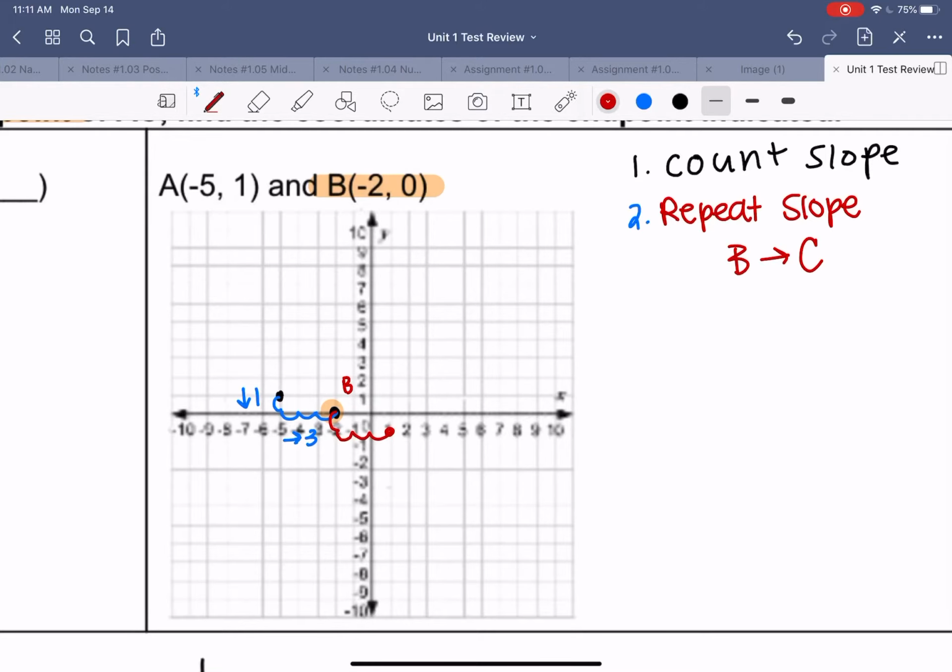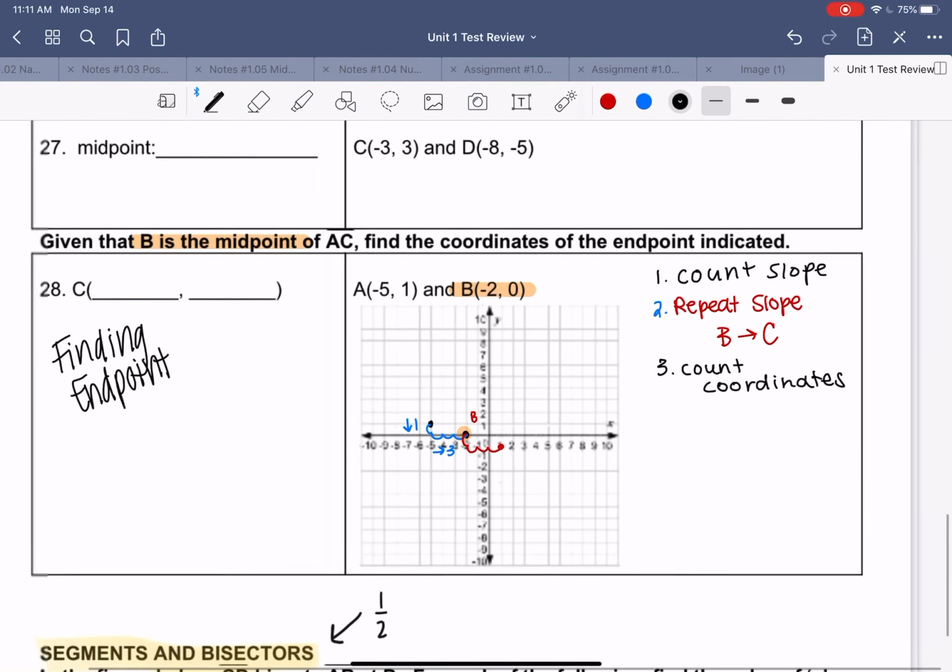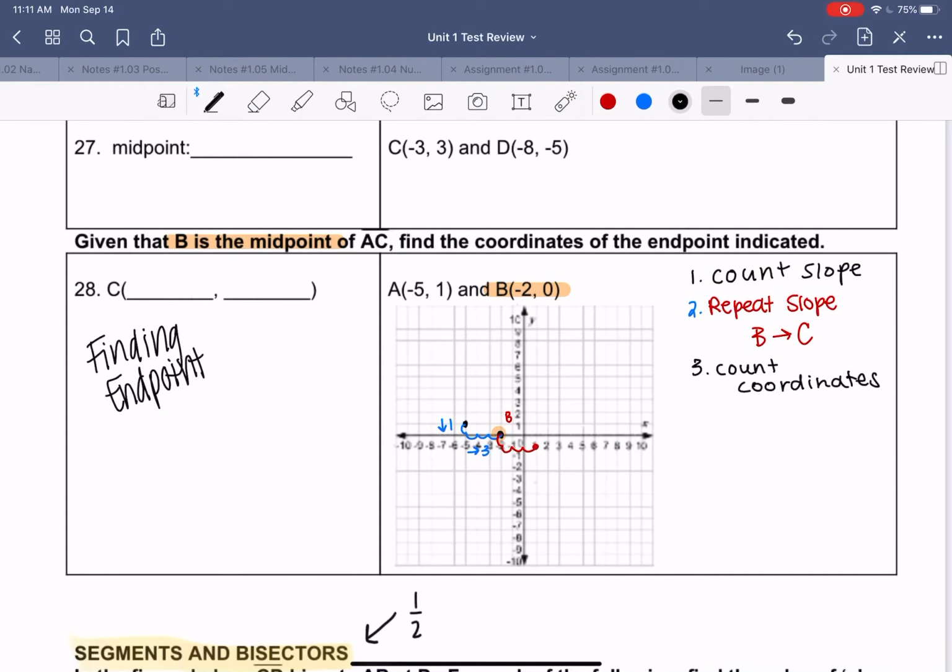And then now we just count the coordinates of point C. So from 0, I go to the right 1 and down 1. So for point C, I went to the right 1, so 1, down 1, so -1.